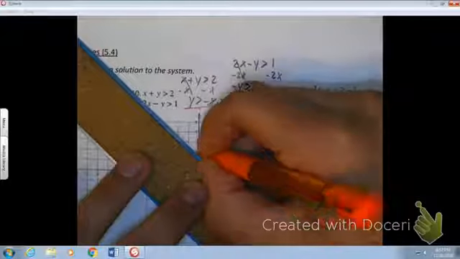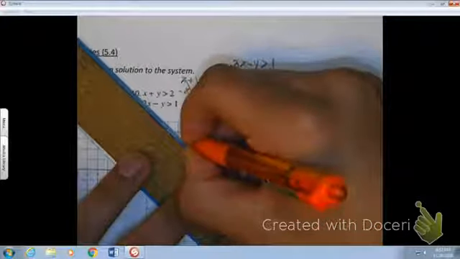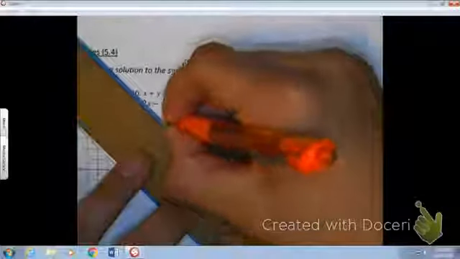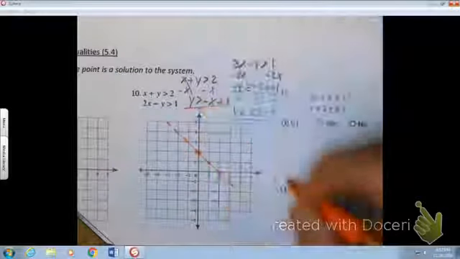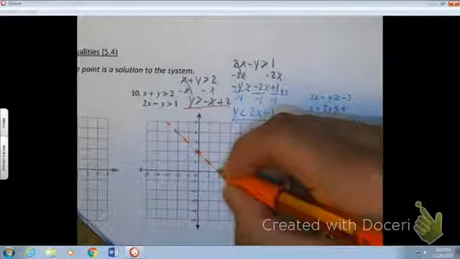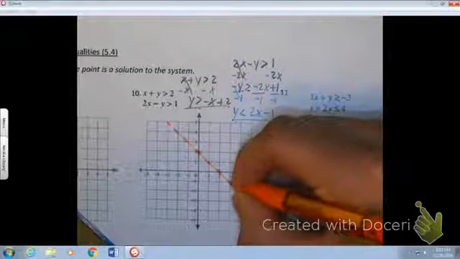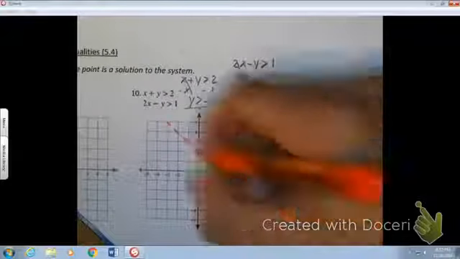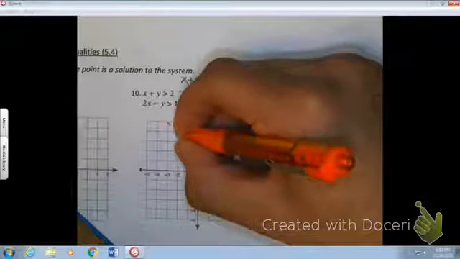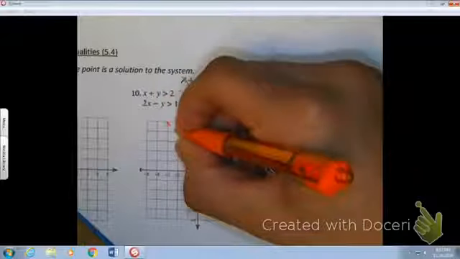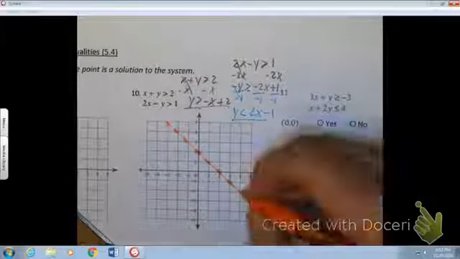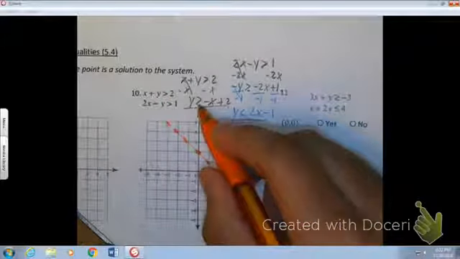So I messed up. So this is a skipped line. Let me try to make it very noticeable. This is a skipped line because we do not have the line under.